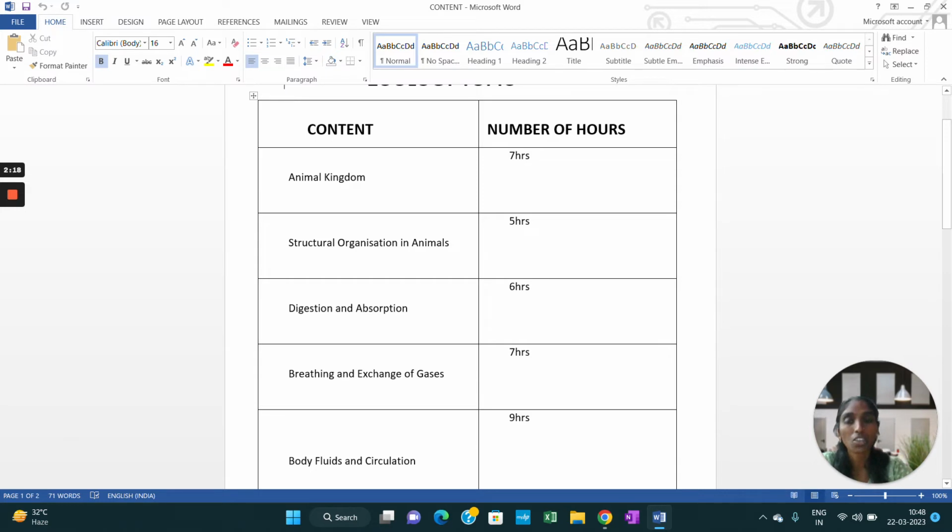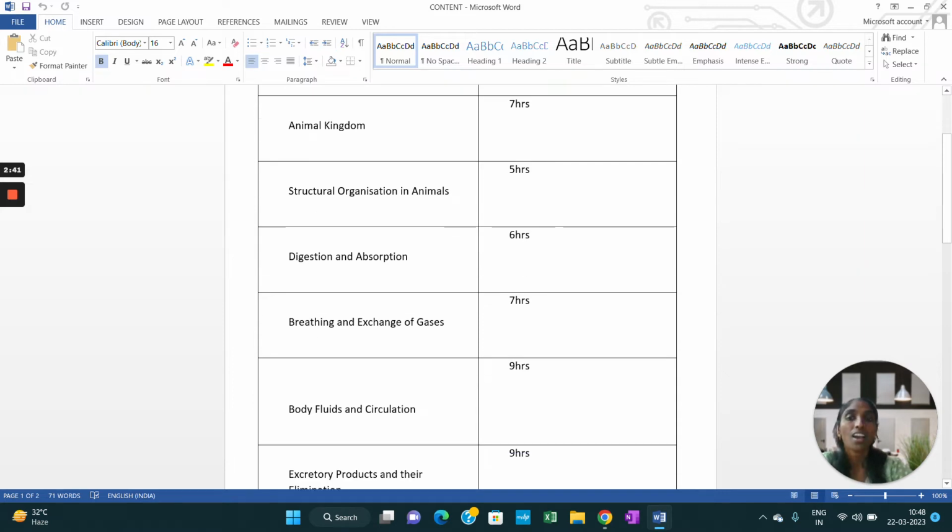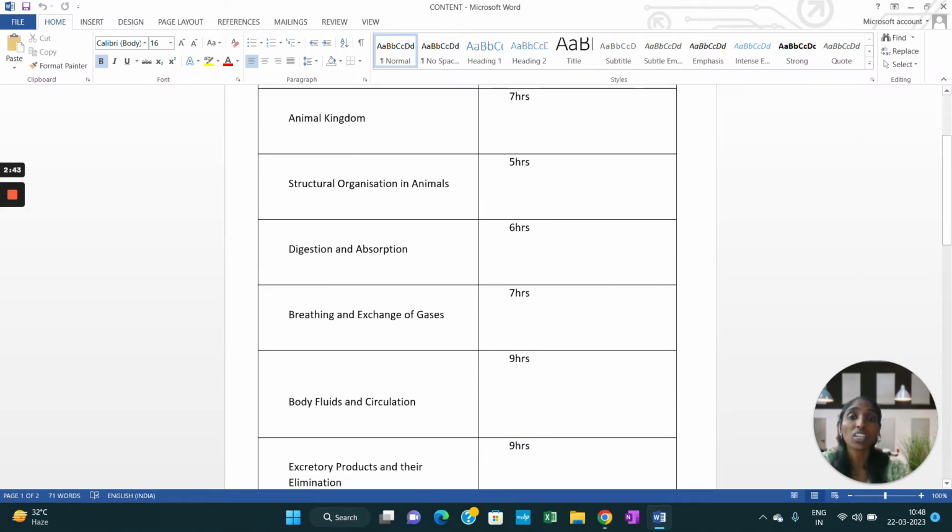In this topic, we are going to discuss the digestive system and some organs also, for example stomach, small intestine, large intestine, what is the function of each, what is sphincter, and what diseases occur due to deficiency in the digestive system process. All these things we are going to discuss in this topic. And from the NEET exam point of view, digestion and absorption is a very important topic.